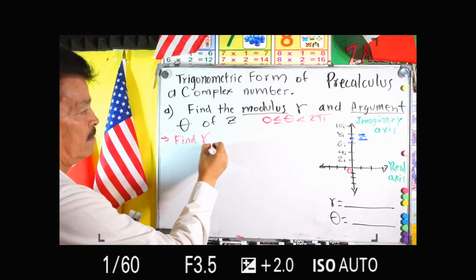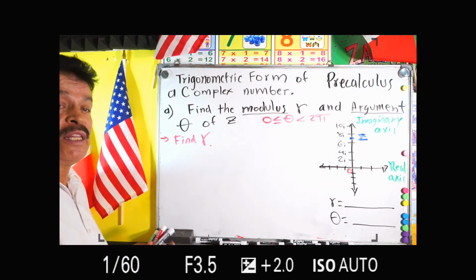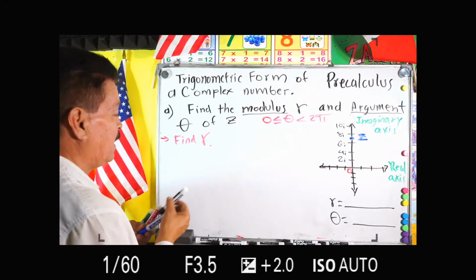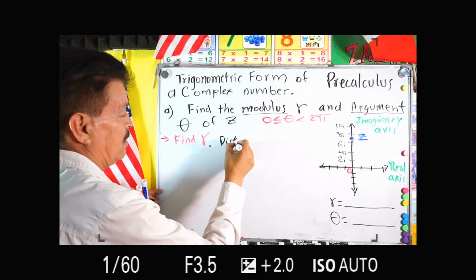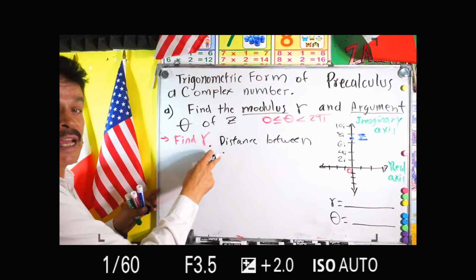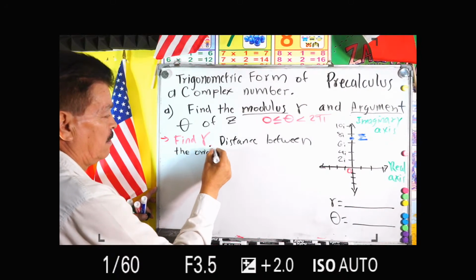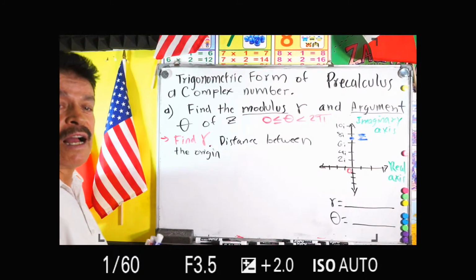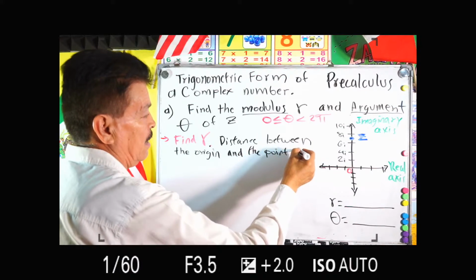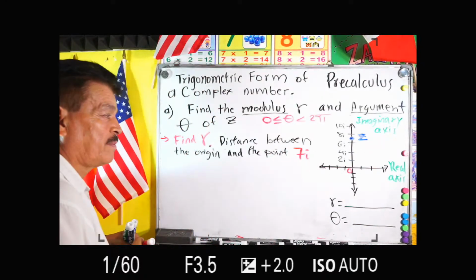Find r. r is the distance between the origin and the point 7i. As the distance, 7i, the imaginary number 7.